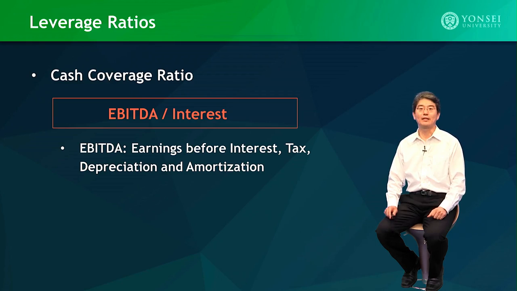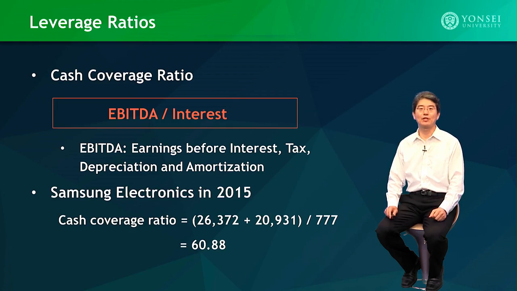The numerator here is often called EBITDA for short, and it means earnings before interest, tax, depreciation, and amortization. It is a basic measure of the firm's ability to generate cash from operations. The cash coverage ratio for Samsung is 60.88 times. That is, Samsung has enough cash from operations to pay its interest expenses.